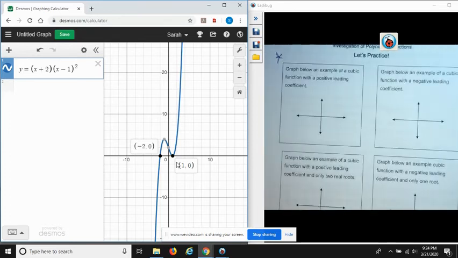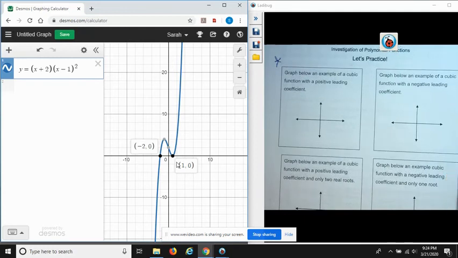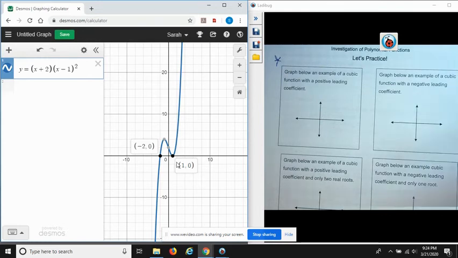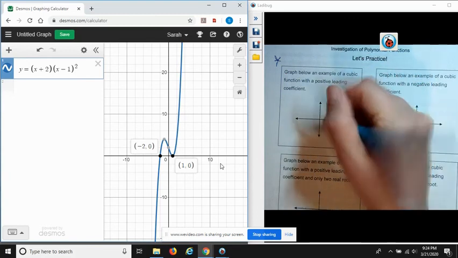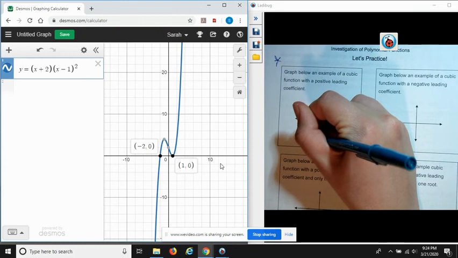I'll do the first one with you right now. So it says graph below an example of a cubic function with a positive leading coefficient. So let's see here. I'm coming up with one real quick. So remember, we haven't really talked about this yet, but a positive leading coefficient is going to end up showing you that your end behavior starts low and ends high.